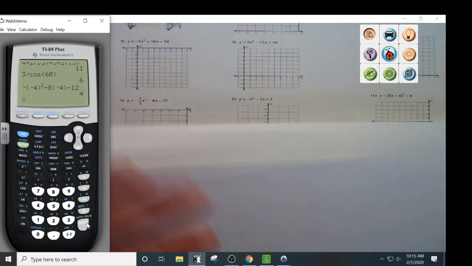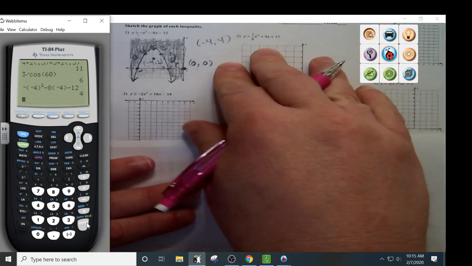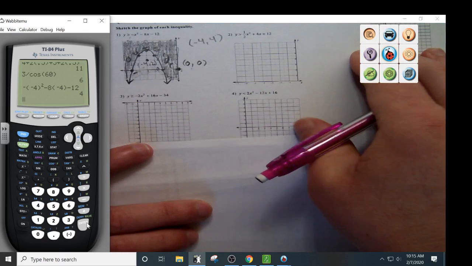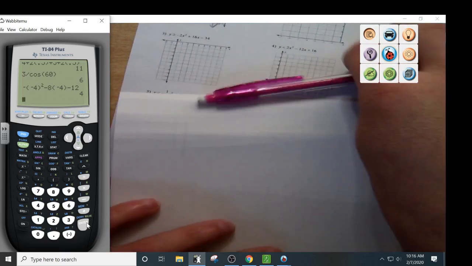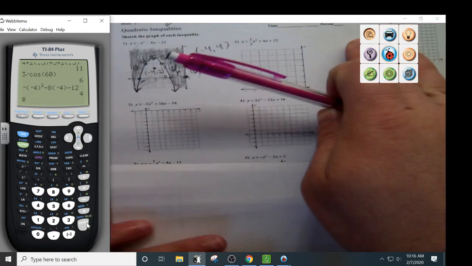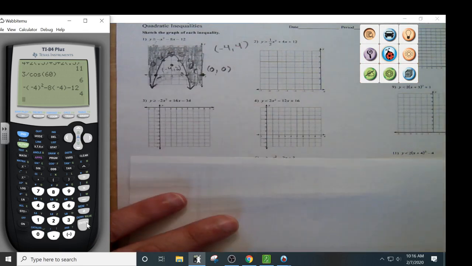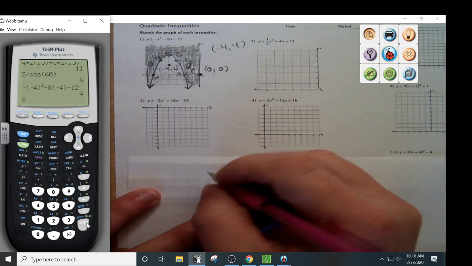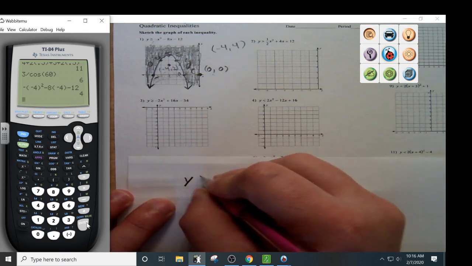All right. Number 3. So that's y values greater than or equal to.